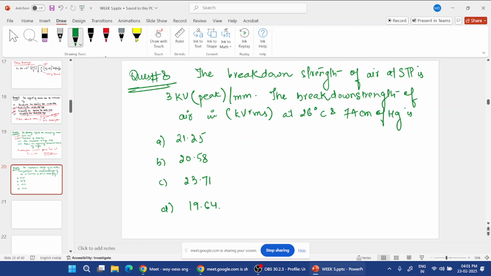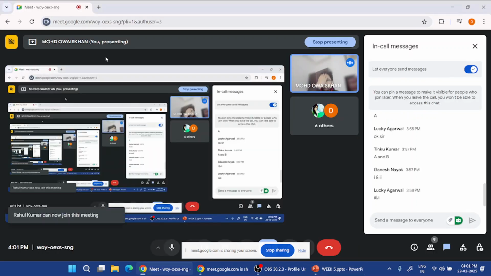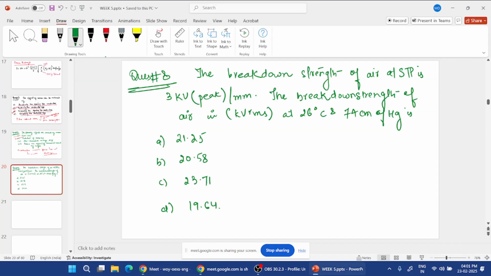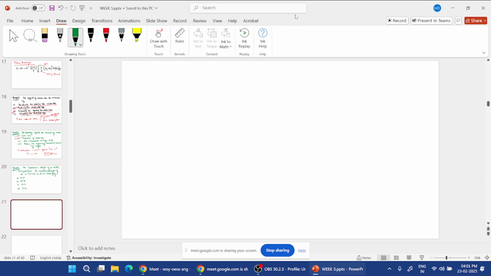इसमें एक फॉर्मूला मैंने बताया था लास्ट टाइम, वी हैव टू यूज दैट फॉर्मूला. ओके, so let me solve it for you. What is the breakdown strength?